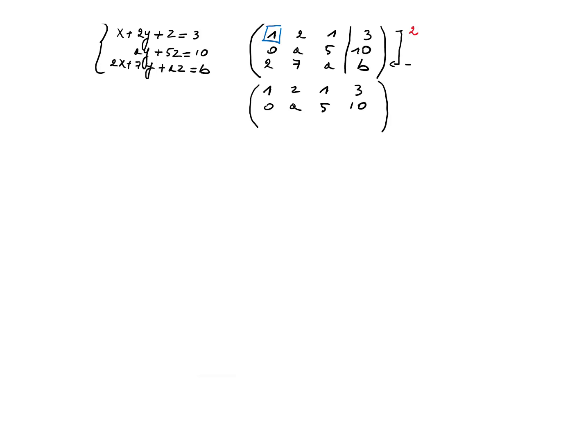It's a 0, of course, over here. Okay, and this will produce me a 3. This will produce A minus 2, and this will produce B minus 6. Okay, so I have produced zeros below the first pivot, and we continue.